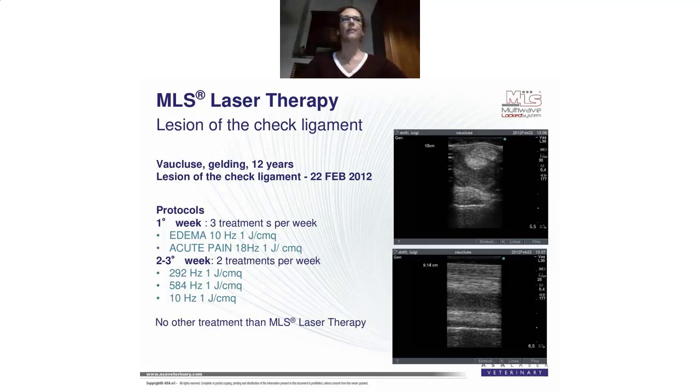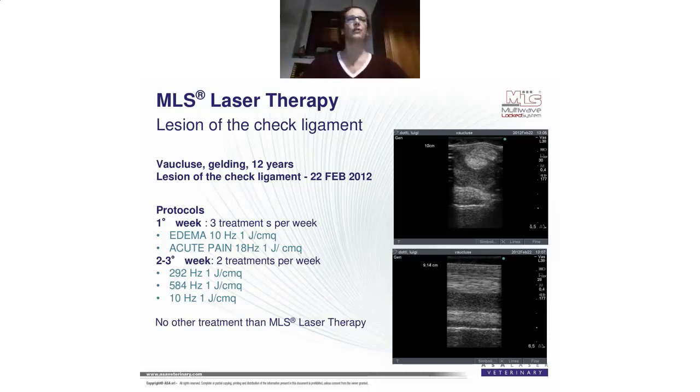In this case, I made only 2 treatments per week because the horse was quite far away. So I could use all the 3 protocols together because there was enough time between one treatment and the other. And it was possible to use this amount of energy.